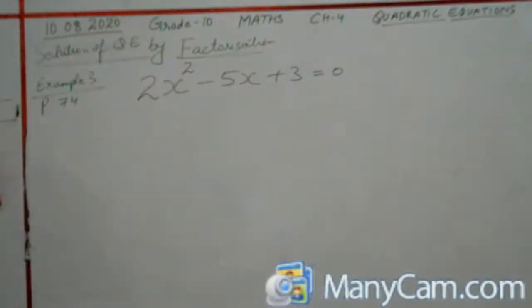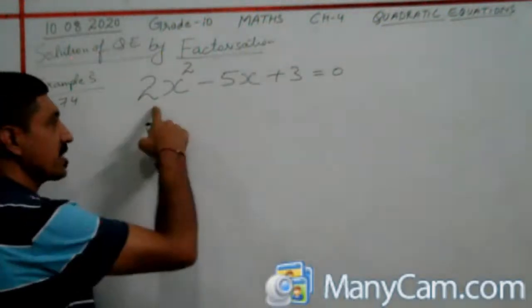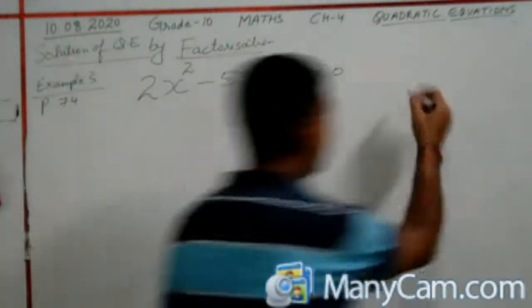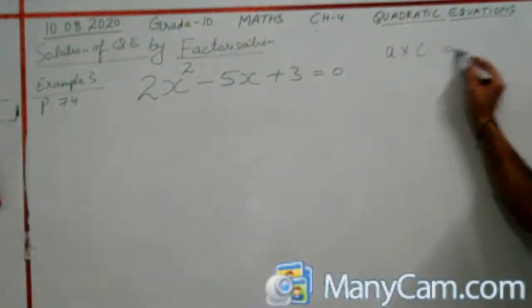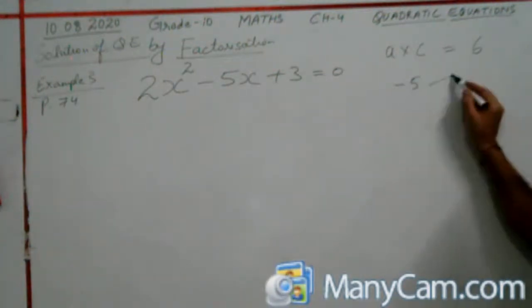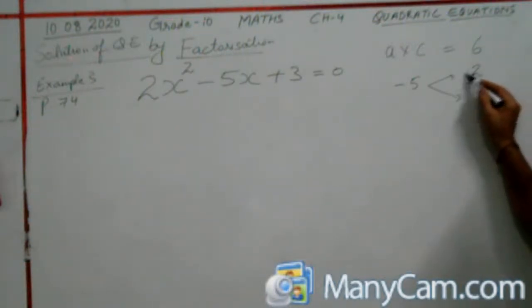I have discussed with you what A and C are. A is 2, C is 3. So here A into C is 6, and B is minus 5, so we can divide B into two parts: the factors of 6 are minus 2 and minus 3.